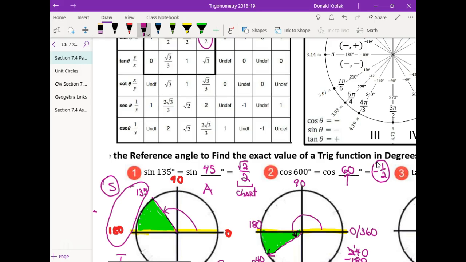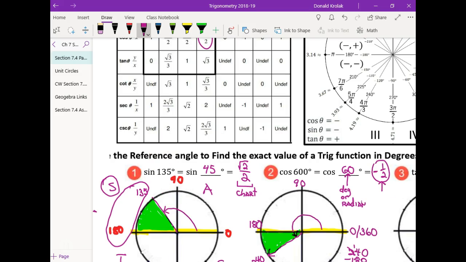So the value that's in degrees or radians is the measurement of the angle. So this value is either going to be degrees, in this case it's degrees, or it's going to be in radians. Okay, this value is the x-coordinate. So this is not degrees or radians.